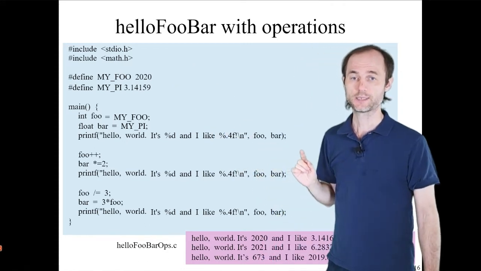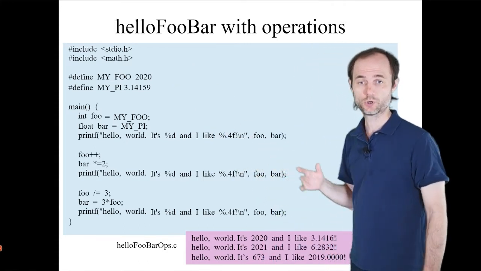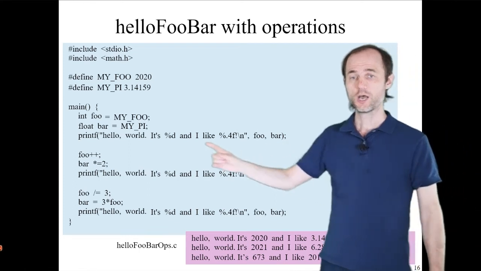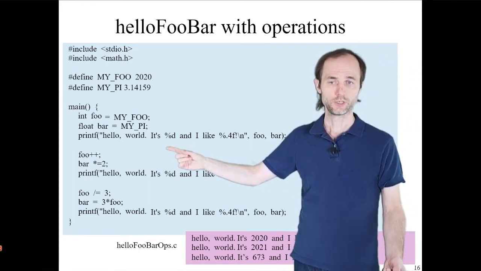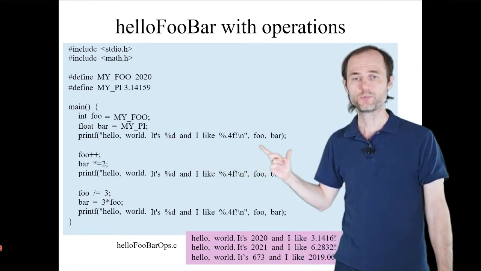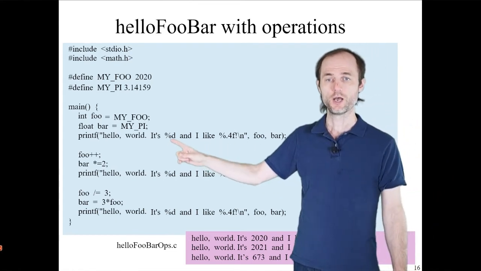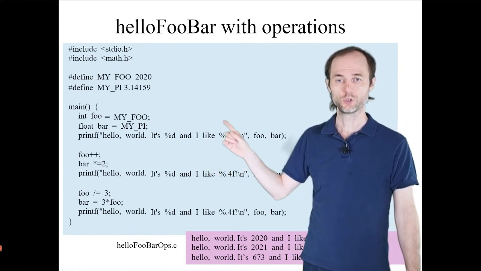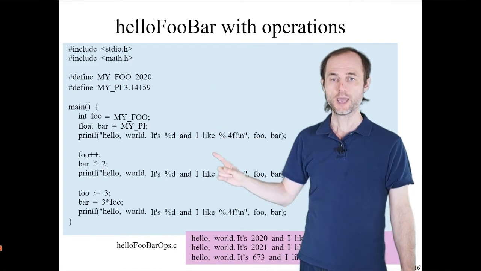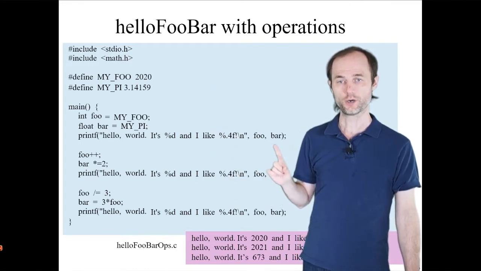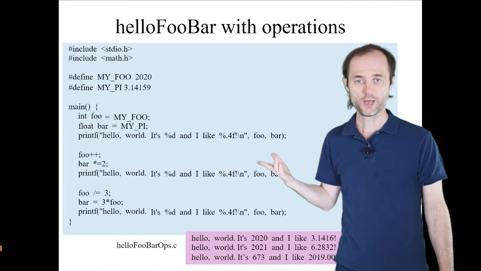And let's take a look at what's going on with the program. First, we're going to say hello world clearly, and then we're going to print out basically the same as what we did before. We're going to print out foo, which will be 2020, and then we're going to print out bar, which will be the value of pi.